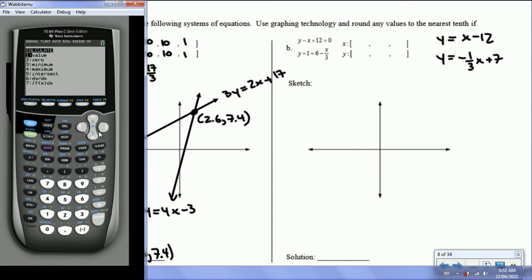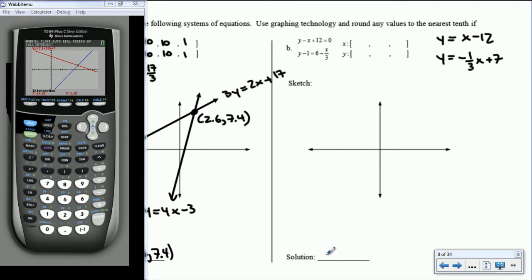Find the intersection. Go down to there. So 14.25 and 2.25 is the solution. So 14.25 and 2.25.